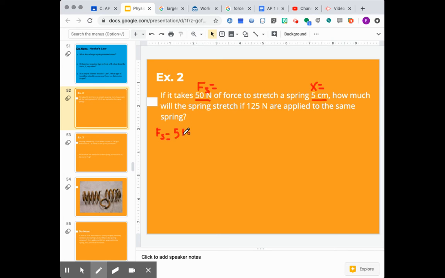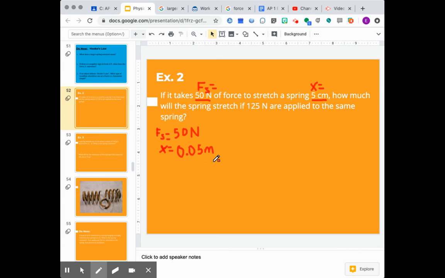So this is our initial restoring force and our initial extension of our spring. X must be measured in meters, so we're going to move the decimal place over 2 times. We have 0.05 meters.